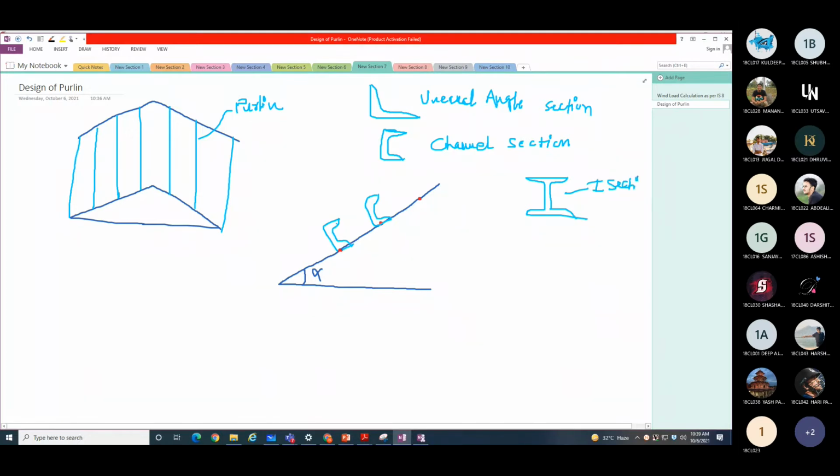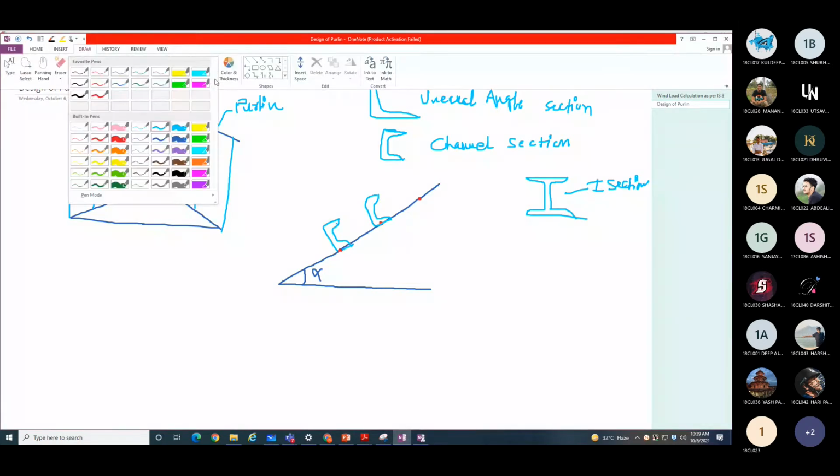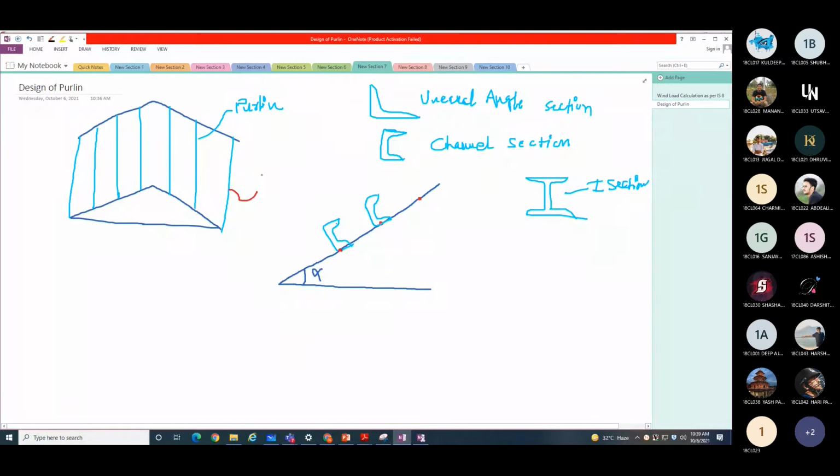Yes, ma'am. Right. Now this purlin is designed as a flexure member, or beam, steel beam. Right, why? Because this is the length of the purlin. Over this purlin, which load is acting?